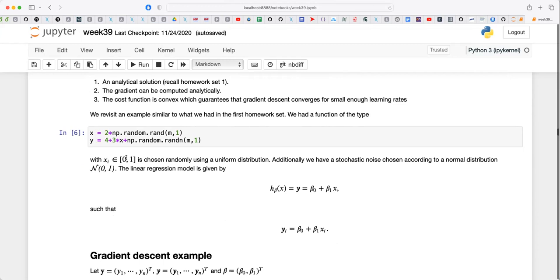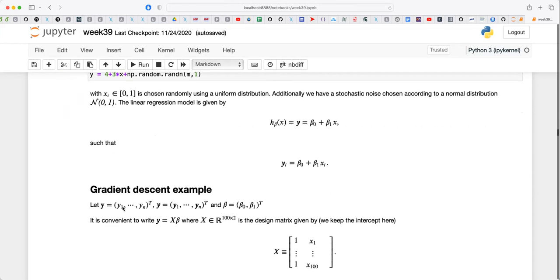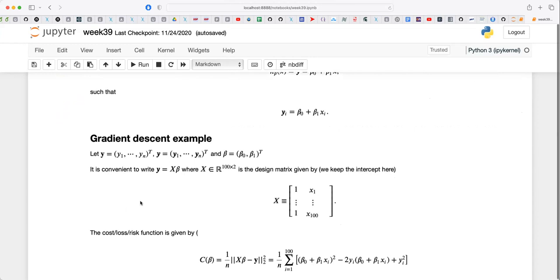X is defined between 0 and 1, multiplied with 2, which means that x takes values between 0 and 2. If we do the gradient descent, since we are fitting a first order polynomial, this is the way the design matrix would look like with the intercept baked in. This is something we've seen before. So we have the 100 points, and this is the explicit design matrix.